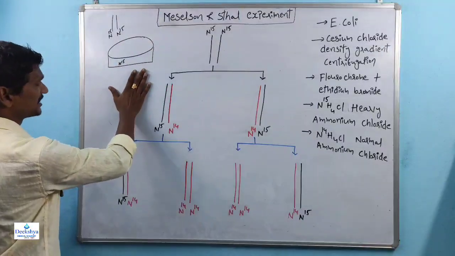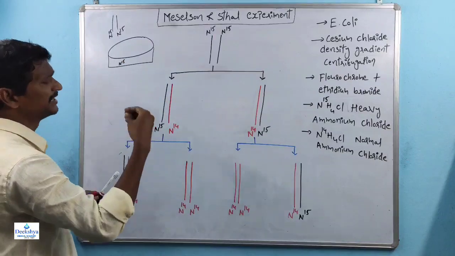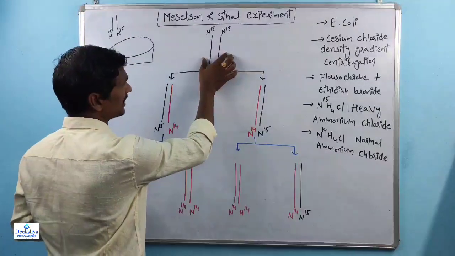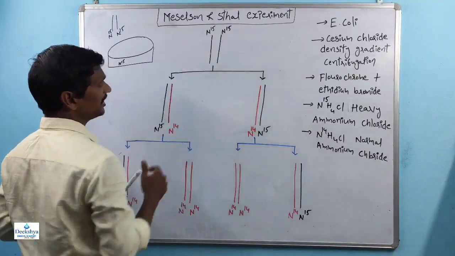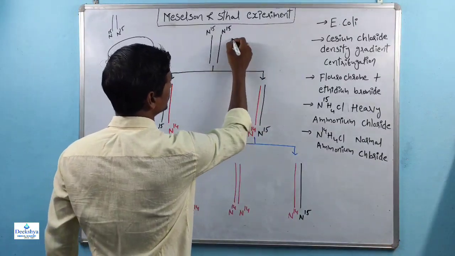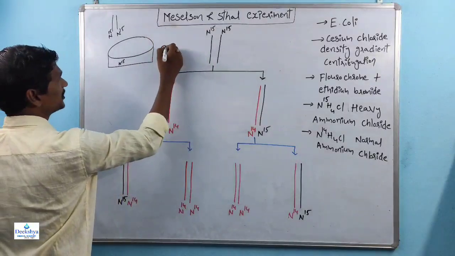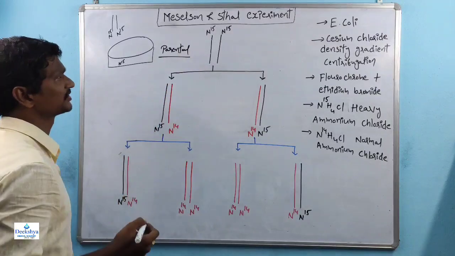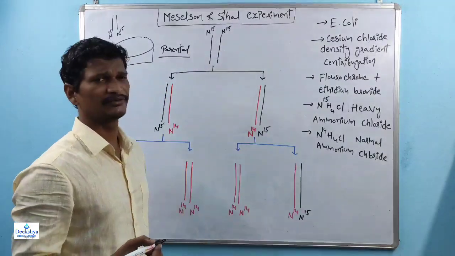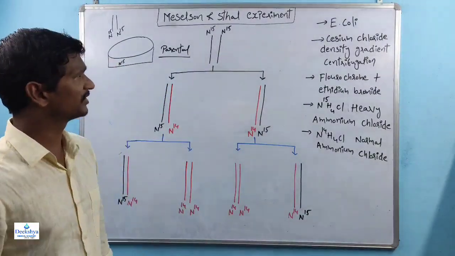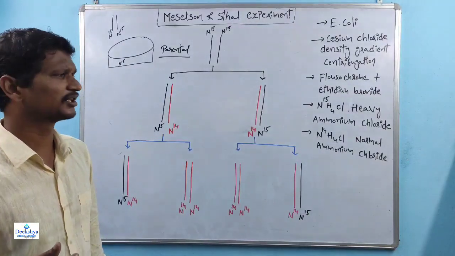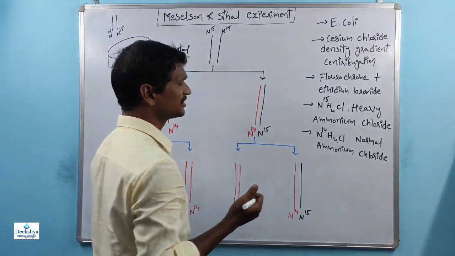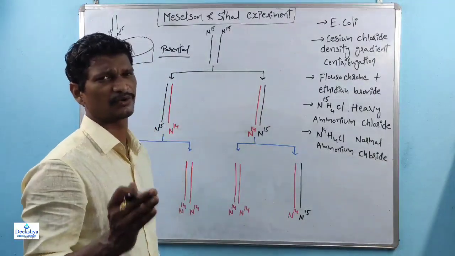After many generations, both strands of the bacteria contain N15 and N15. This is the parental generation, the very first generation. Once the N15 and N15 strands are synthesized within that bacteria, the bacterial cells are collected and subjected to the degradation process.